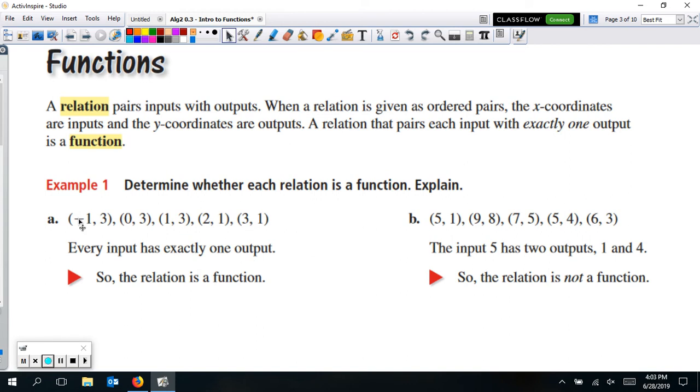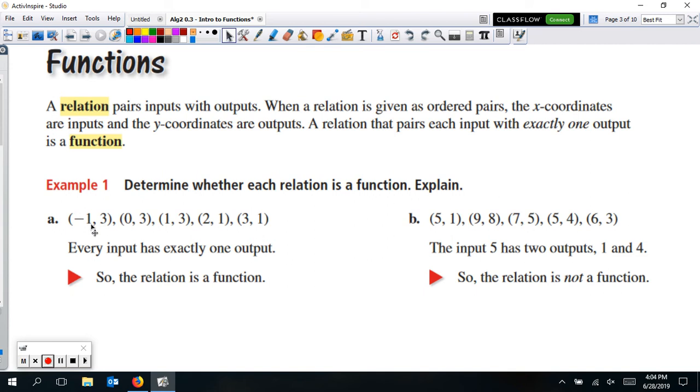So -1 has 3. There's no other -1s that have a different number. So it's not like -1 has 3 and -1 has 5. We don't see that here. So every input, -1, 0, 1, 2, and 3, is only assigned one output.